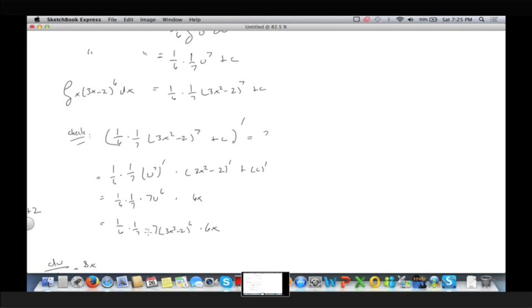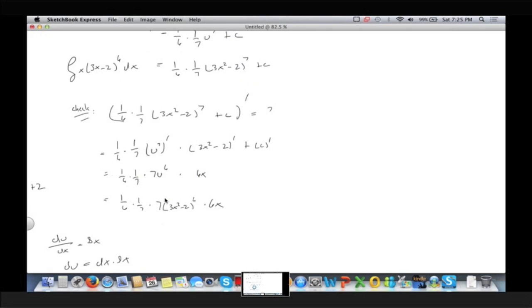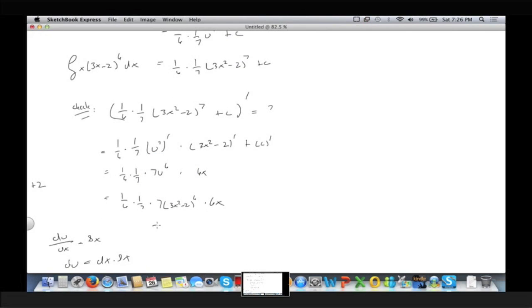And it does not. 1 times 1/6. So this is, do you see why it was a good idea not to put in the 1/42?